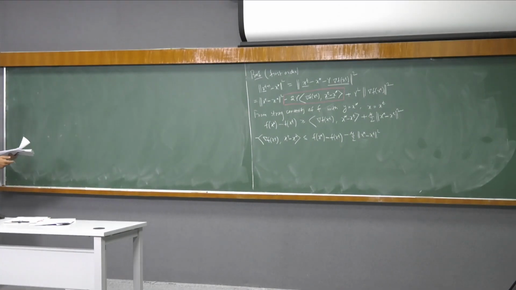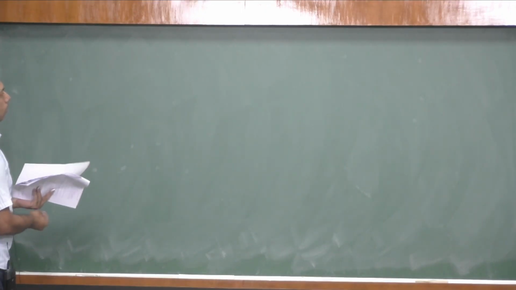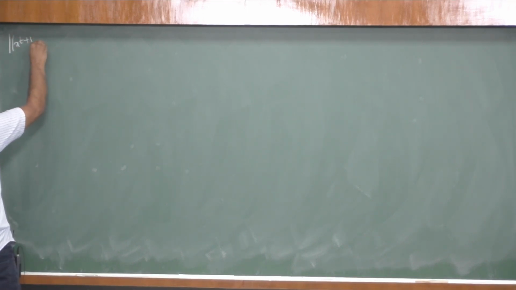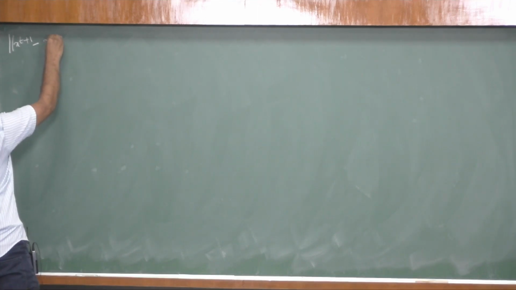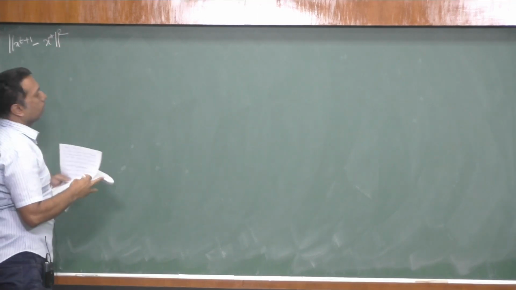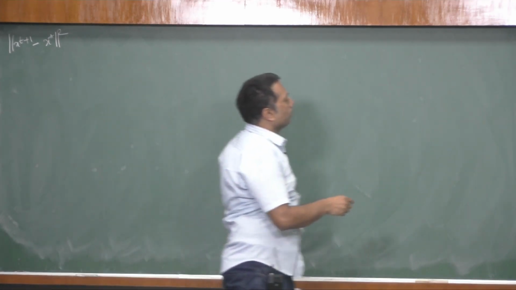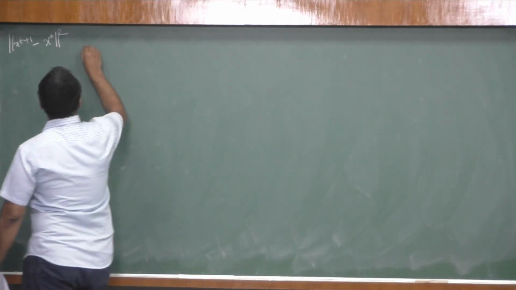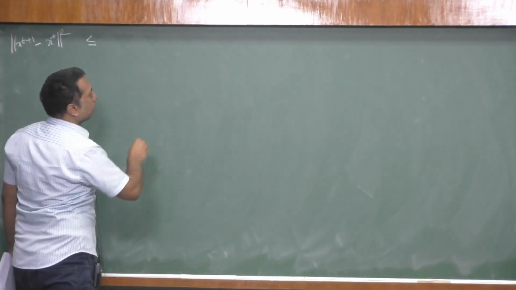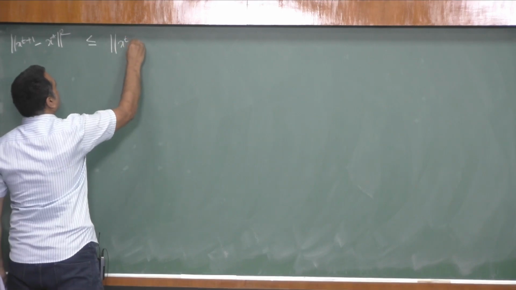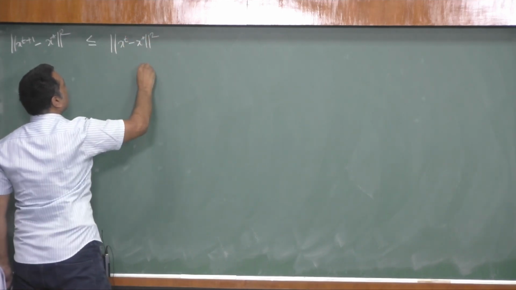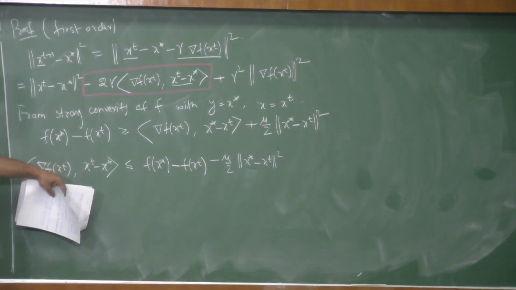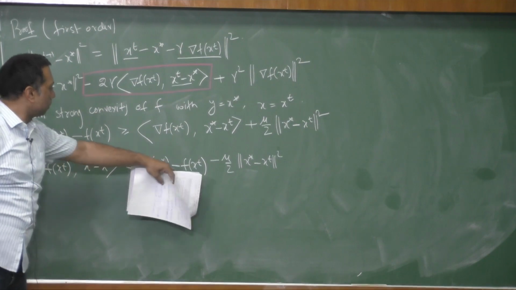So now I will just copy that xt term there. So xt plus 1 minus x star, and I will now directly say this is less than or equal to, using this, norm of xt minus x star whole squared minus 2 gamma of this guy, which means 2 gamma of this guy.